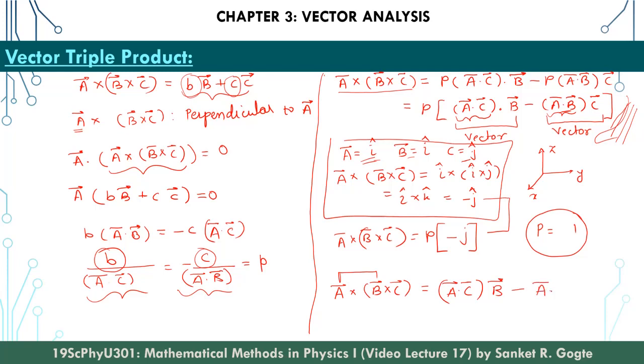So it is A dot B, which is multiplied by vector C. So this is how you can find the relation for A cross B cross C. Although we have considered a special case for obtaining this relation, the relation turns out to be correct. We have come to the end of this video.